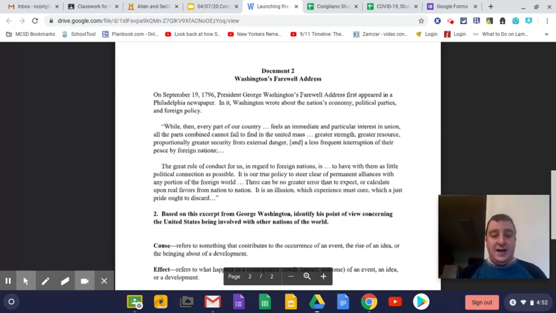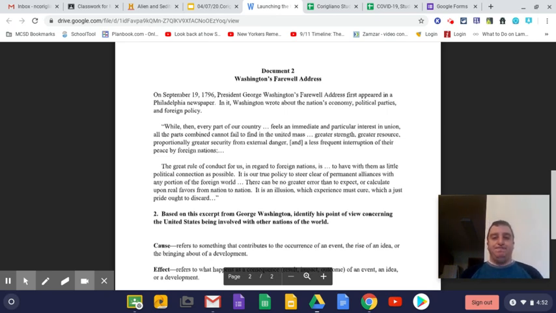And the last line, it is an illusion which experience must cure, which a just pride ought to discard. So he's really, in that paragraph, he really lays out that he does not believe the United States should really be involved with other foreign nations. You can't count on them. We should steer clear of permanent alliances. You can't rely on them.